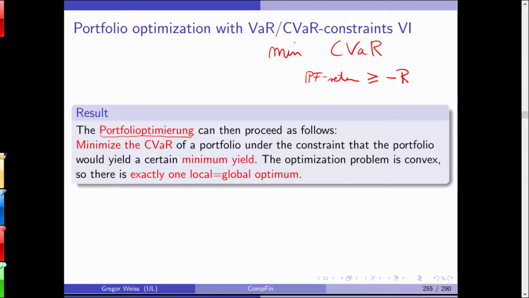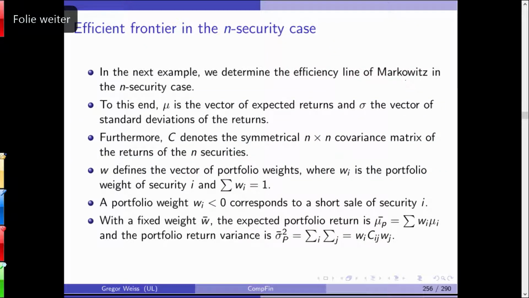This optimization problem is convex, as the constraint and the target function, the objective function, are all convex. So there's exactly one local and global optimum, and you can show this. Now, this is an example of how convexity can come into play.